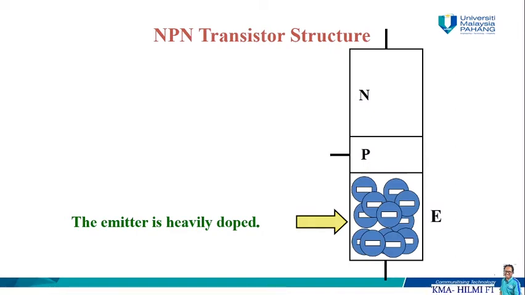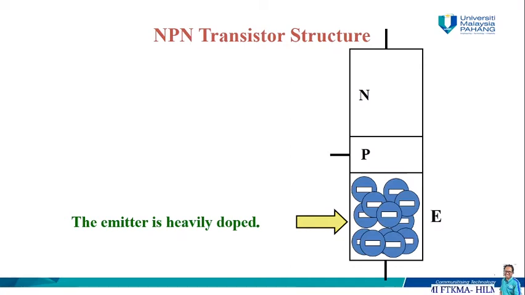Just for a quick revision, the doping process is when we add different kinds of elements inside the semiconductor in order to change the number or amount of electrons inside that area.